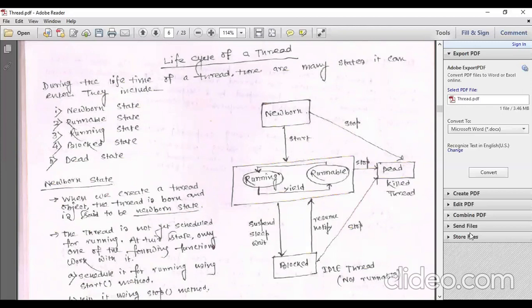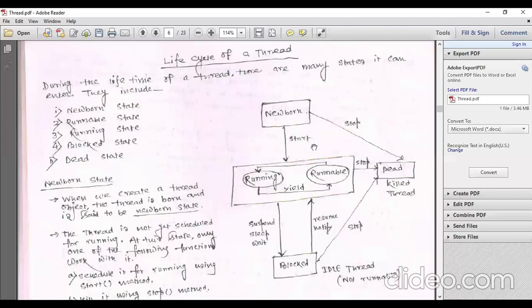So in this situation, what may happen? You may take either of two approaches. Either you call the start method on it to make it scheduled for running, or you call the stop method, which actually kills the thread, or rather stops that thread. So you may take any one approach from the newborn state.